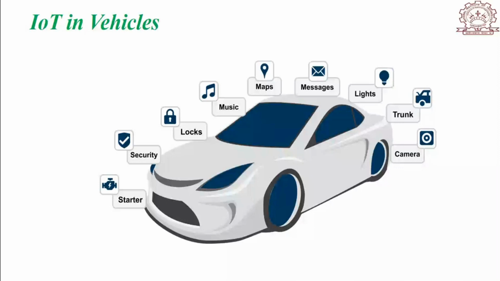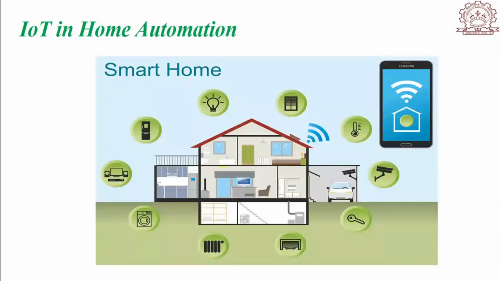Distance sensors will track, and accordingly signals will be given so that there should not be any type of mishap or accident. So IoT is applied in all the devices of the vehicle, like starter, security, locks, lights, and camera, everywhere, to make our conventional vehicle a smart vehicle.